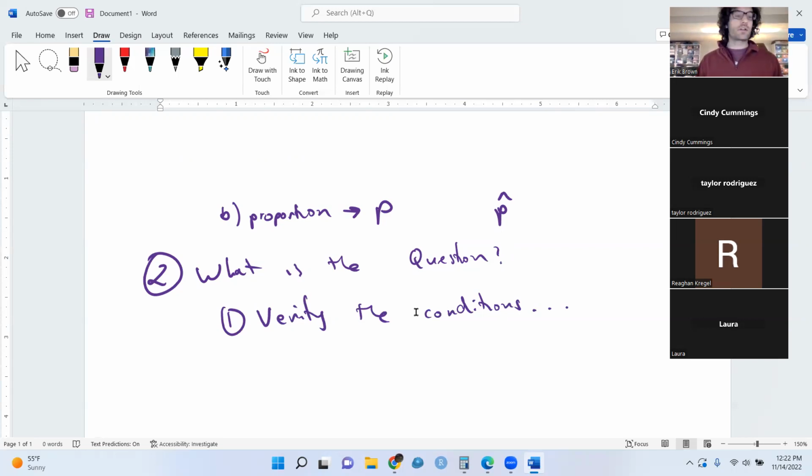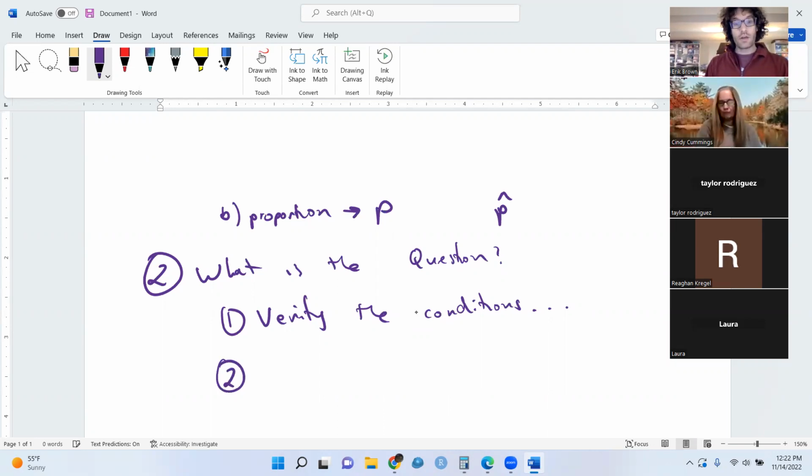So either you're just going to state the results of the central limit theorem, meaning describing the distribution of the statistic, or you're going to state, because these conditions are met, I can now construct a confidence interval. So verify the conditions.